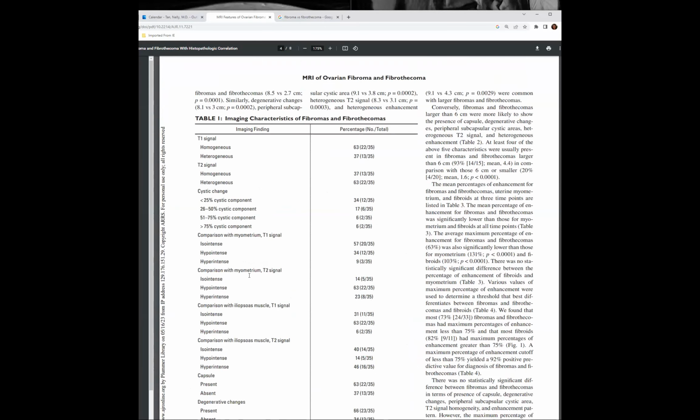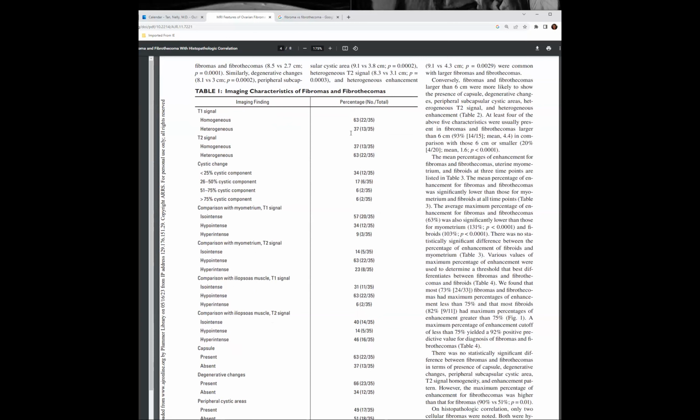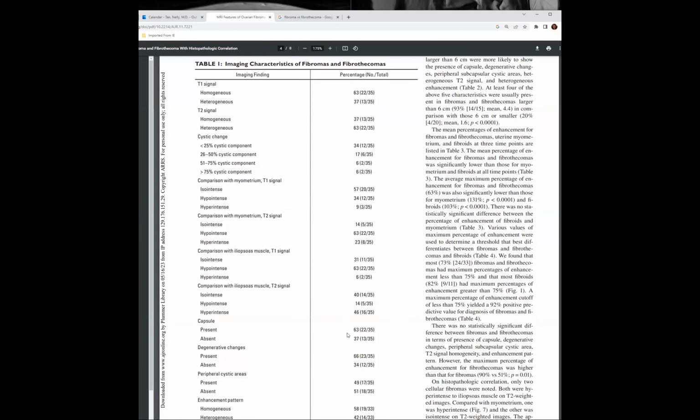So the study looked at patients with fibromas and fibrothecomas, and I think like our case, they are dark on T2, hypodense. That's most common, but they can also be hyperintense, a little bit brighter on T2, and they can have capsules.